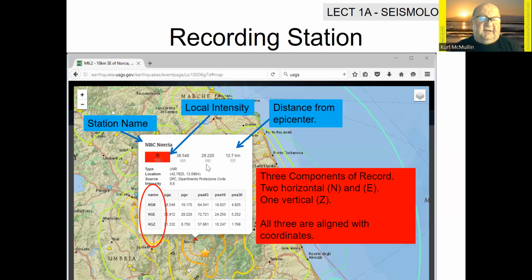As we dig into this information, usually you come to a point where you click on an instrument. It usually has a station name, NRC, Norcia, which often refers to the name of the structure that the instrument was installed on. Here it says what the local intensity was, an intensity of 9, which means it was quite severely shaken. And then some information about the distance from the epicenter.